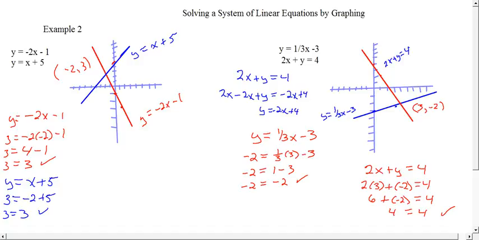Let's take a look at the second one: 2x plus y is equal to 4. Substituting 3 for x, that's 2 times 3 plus a negative 2, which is y, is equal to 4, and 6 plus a negative 2 is equal to 4, and indeed 4 is equal to 4.